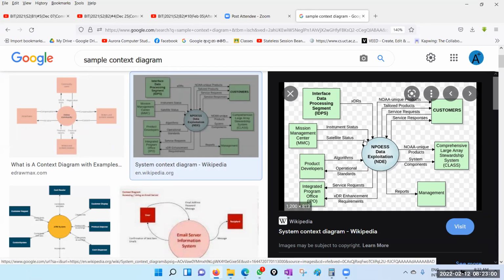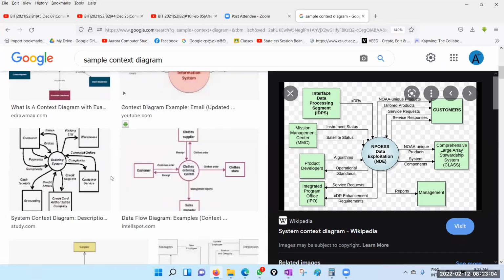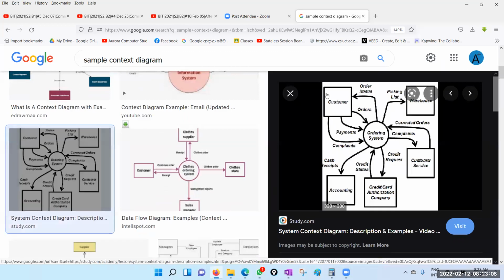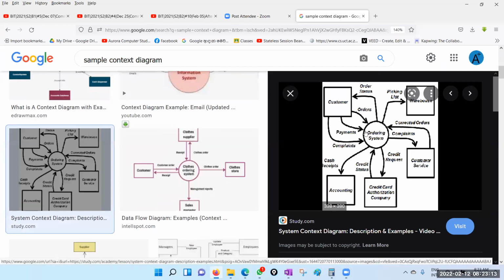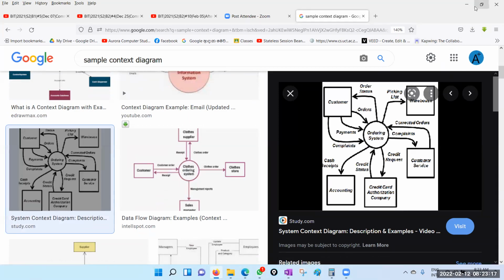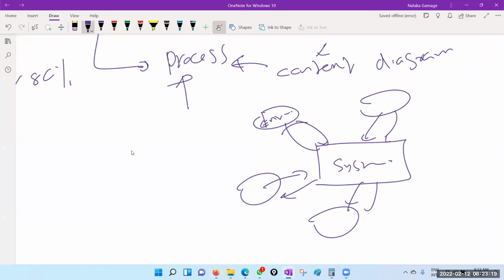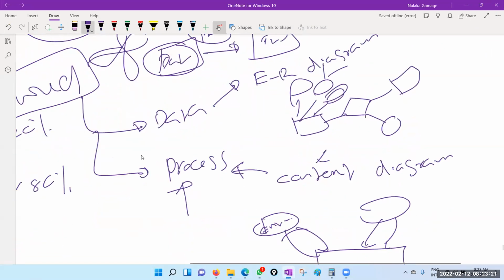So this is your system and how they interact with your system. You can see customer service, credit card authorization company, accounting, and this is your order process system. So that is called a context diagram. Okay, context diagram gives you the big picture.